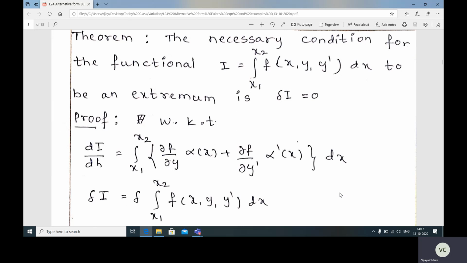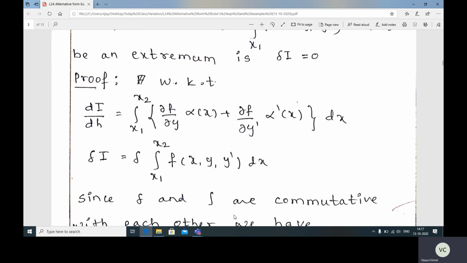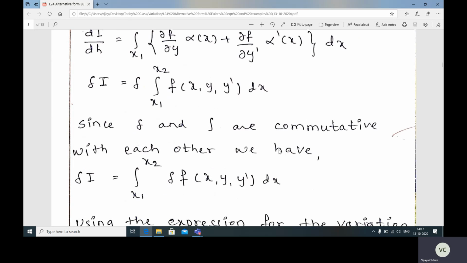And delta I is equal to delta of the integration from x1 to x2 of f of x, y, y dash dx. Since delta and integral are commutative with each other, we have delta I equal to the integration from x1 to x2 of delta f of x, y, y dash dx.